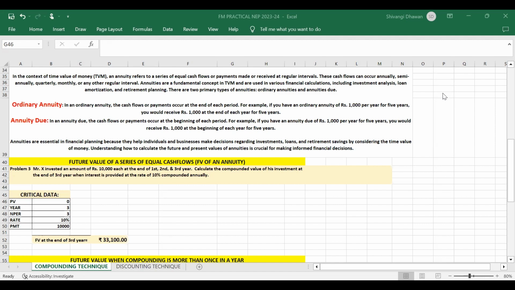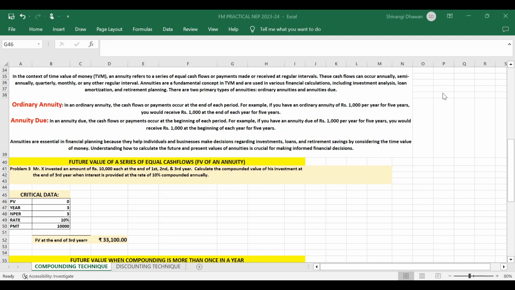There are two primary types of annuities: ordinary annuity and annuity due. Ordinary annuity: in an ordinary annuity, the cash flows or payments occur at the end of each period. For example, if you have an ordinary annuity of rupees 1000 per year for 5 years, you would receive rupees 1000 at the end of each year for 5 years.